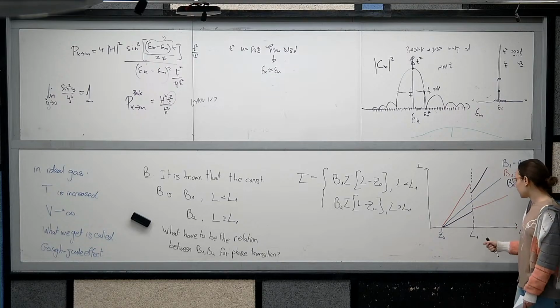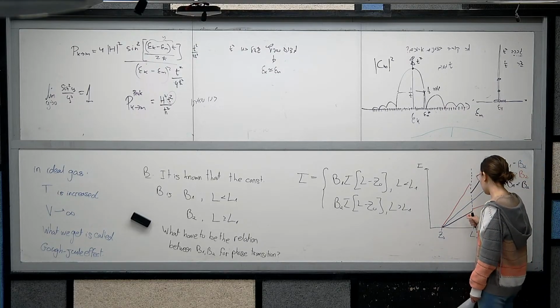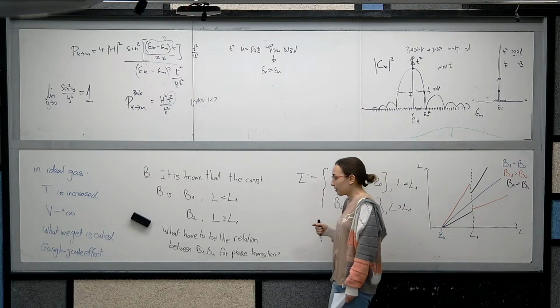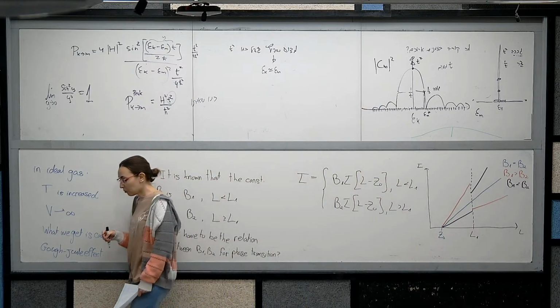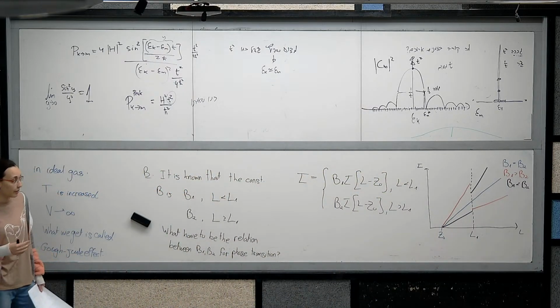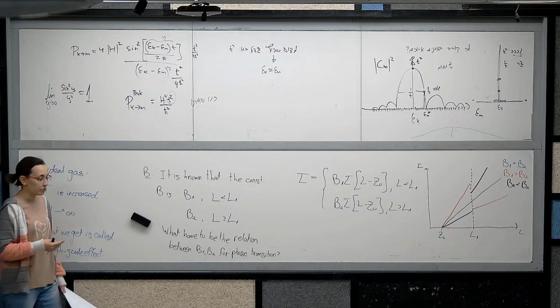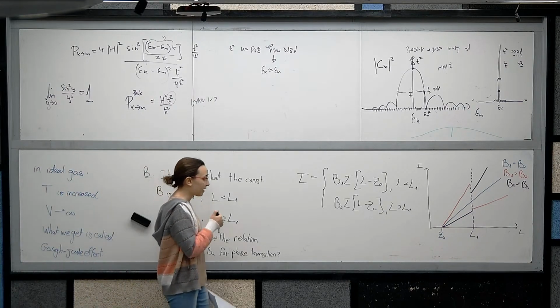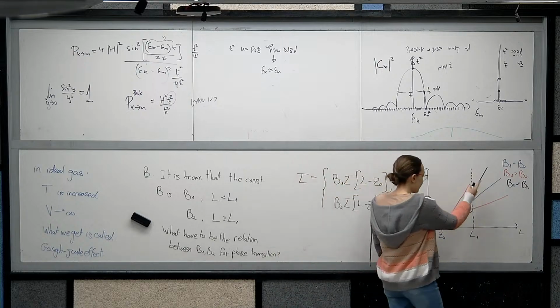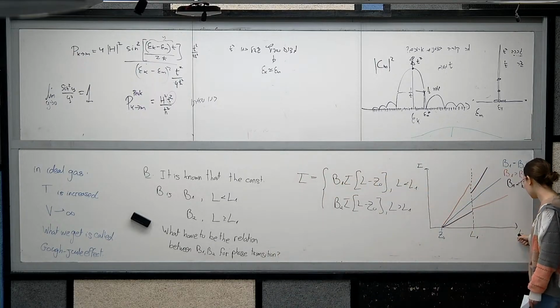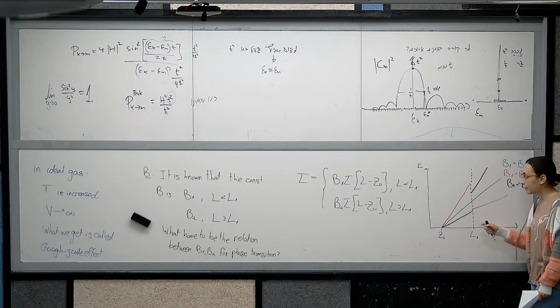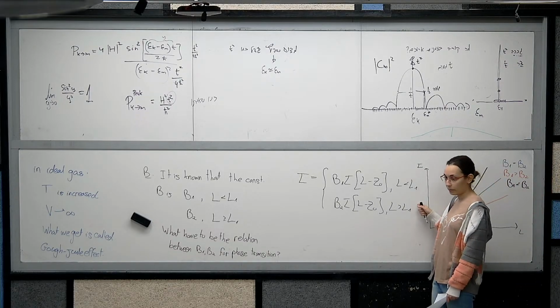So let's look at the purple one now. What we want in a phase transition is that we can have some jump in values of the system, but in specific values. In this system we can have a jump in the length, but the tension has to be continuous.